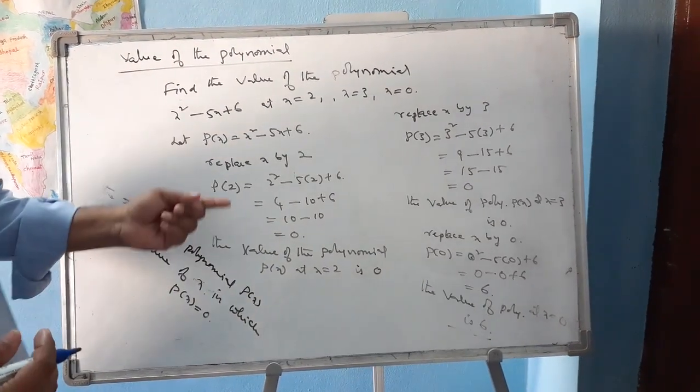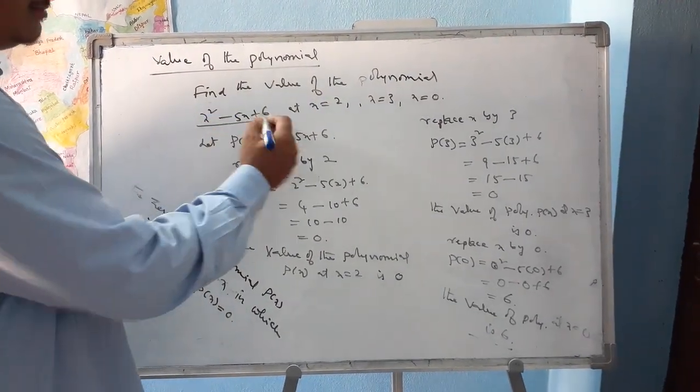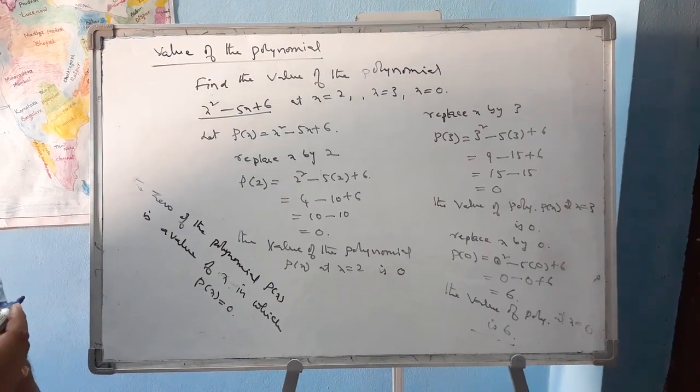In this problem, 2 and 3 are known as the zeros of the polynomial x square minus 5x plus 6.